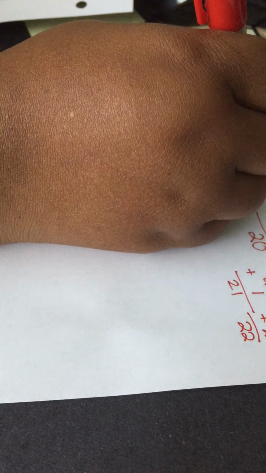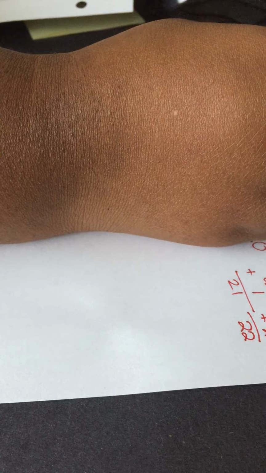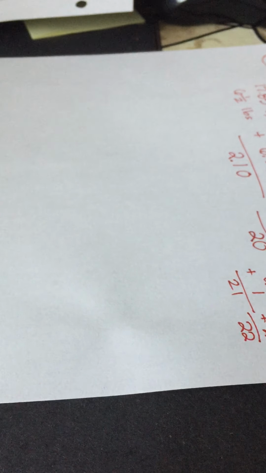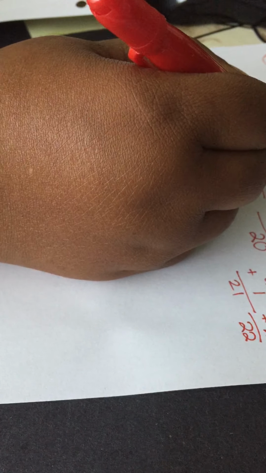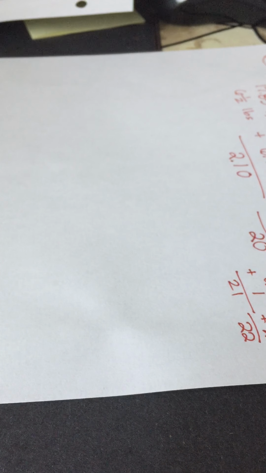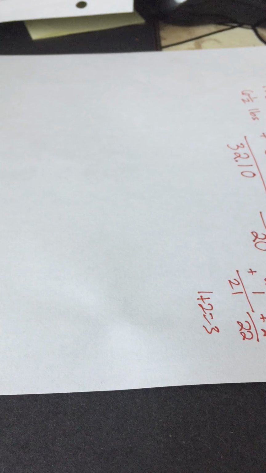So you're going to write your 2 and you're going to carry over. So that would be nothing plus 1, that's 1, plus the 2, 1 plus 2 is 3. So your final answer would be 32.10 pounds. And that is how you find the answer for number 5.